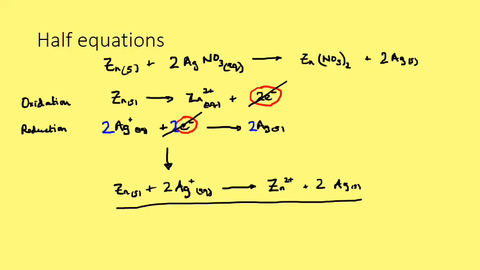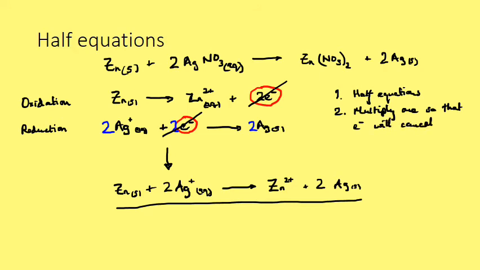And it involved 2 steps. It involved writing out the 2 half equations. I suppose 3 steps, because the second step was we had to multiply one equation so that the electrons will cancel when the two equations are combined.